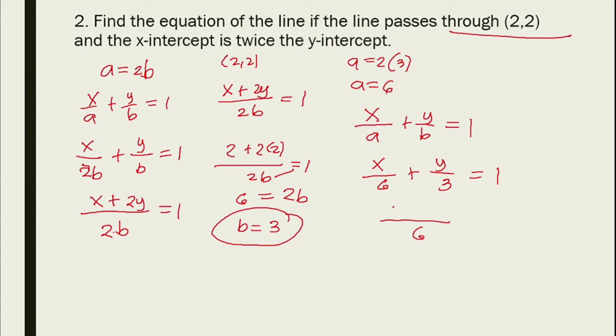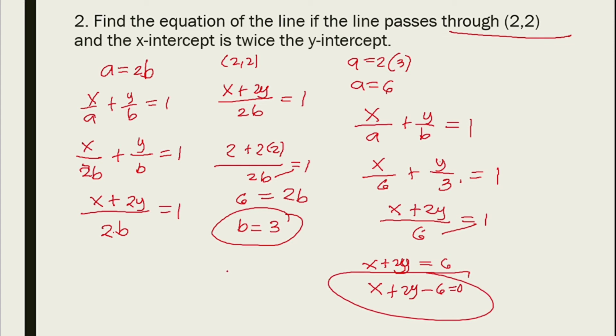So this is x plus, dividing 3, 2 times y, 2y equals 1. Cross multiply, we have x plus 2y is equal to 6. So x plus 2y minus 6 is equal to 0. So this is the equation in general form.